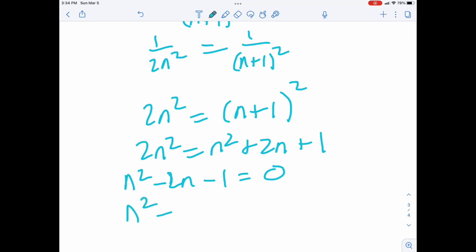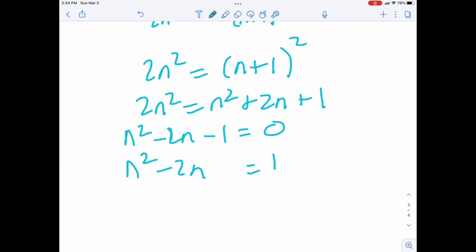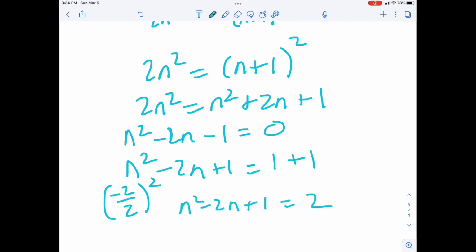So I get n squared minus 2n equals 1. If I do negative 2 divided by 2 squared, I get to add 1 to both sides. So I get n squared minus 2n plus 1 equals 2. So this breaks up into negative 1 and negative 1. So n minus 1 squared equals 2.